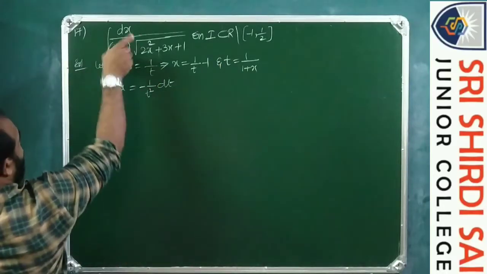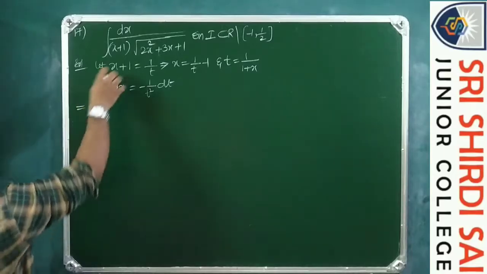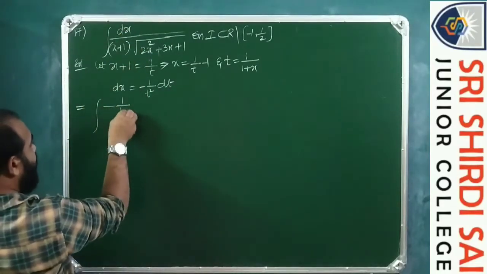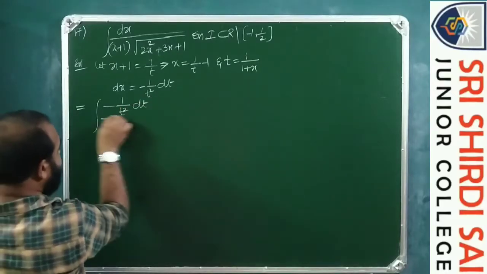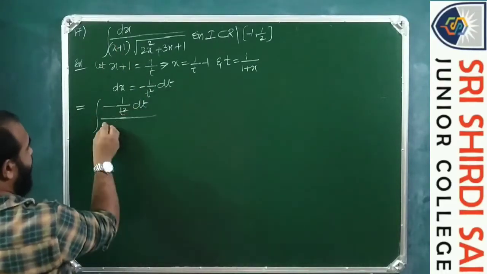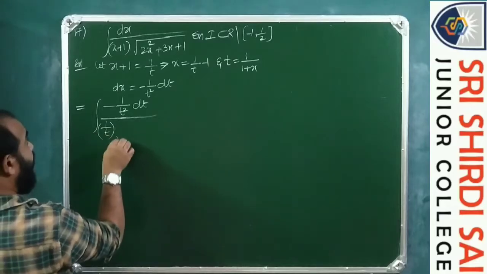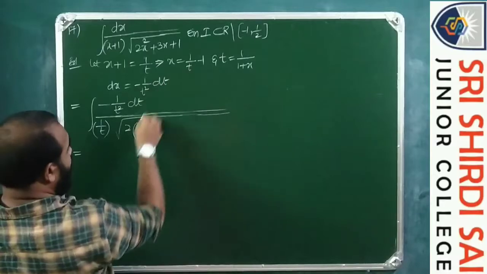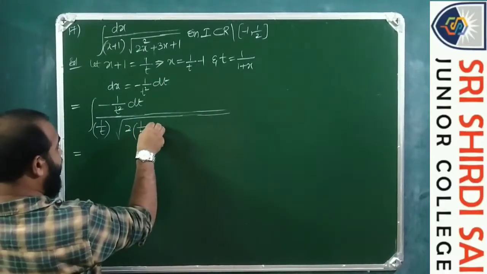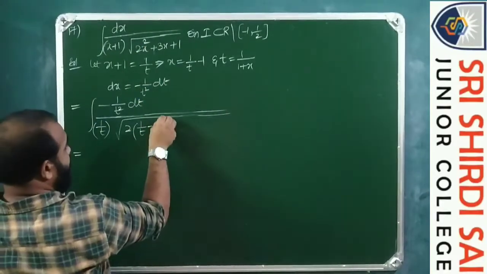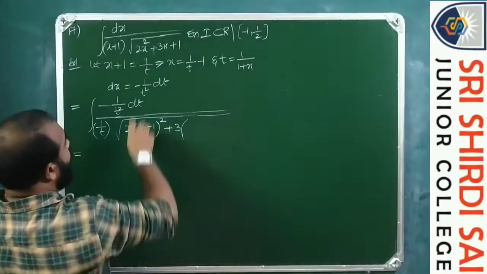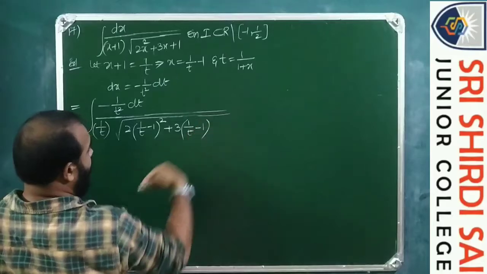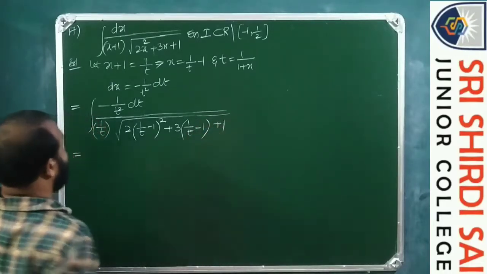Now let us plug into this. This is equals to dx is minus 1 by t square dt by x plus 1 is 1 by t into square root of, so 2 into, in the place of x this is 1 by t minus 1 whole square plus 3 into x is equals to 1 by t minus 1, plus 1.